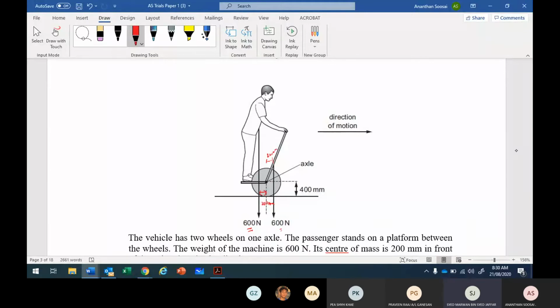But if a force of 90 Newton is applied, of course the 90 Newton will apply to the ground in this direction. But the floor is going to exert a force onto the axle of 90 Newton to the front.